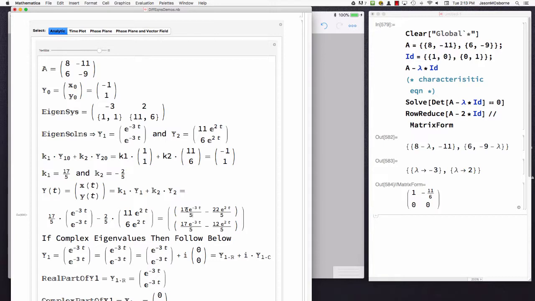So here's your y1 of t. The eigenvalues were negative, so that means that if you're on that solution, you're going to go in towards 0, 0. And the other eigenvalue was positive for y2, so we've got solutions going out this way.